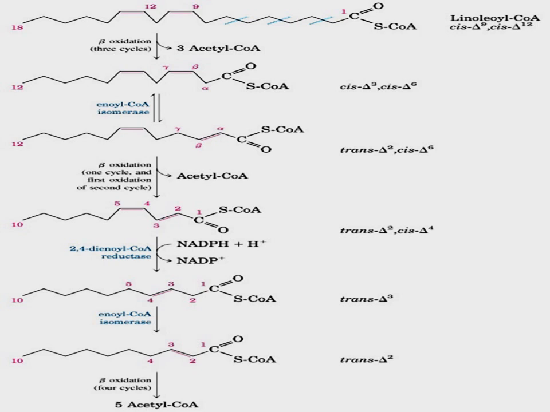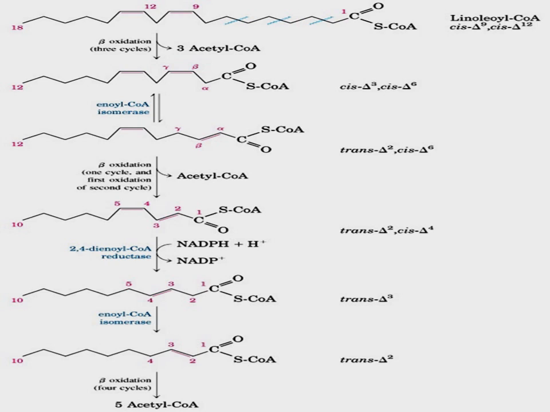You can see here oxidation of a polyunsaturated fatty acid, that is linoleic acid, which has 18 carbons in its structure and 2 double bonds, one between the 9th and 10th carbon atom, and the second double bond between the 12th and 13th carbon atom. This linoleic acid, like oleic acid, undergoes beta oxidation for 3 cycles and 3 molecules of acetyl coenzyme A are released.